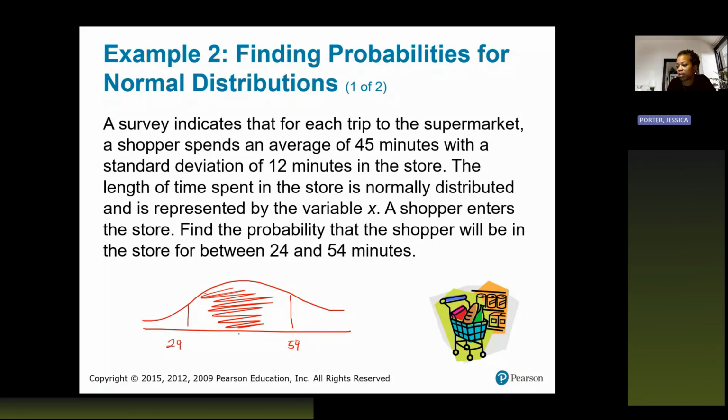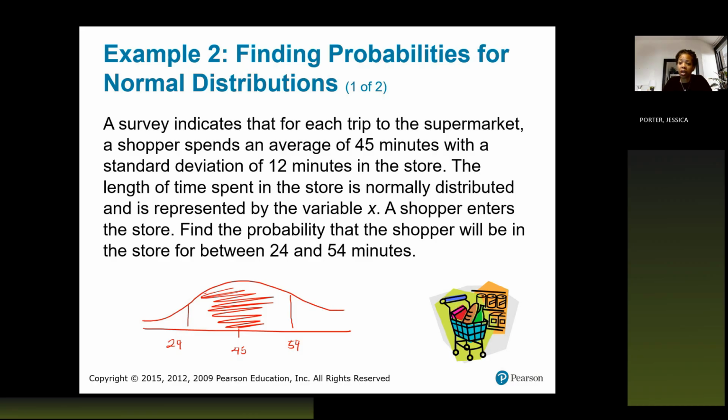My mean is going to be 45 minutes. The standard deviation is 12. Now, this is not drawn to scale, but we can apply the same premise. You can find the z-score and use the table, and that's why the z-score is useful, or you can use technology.